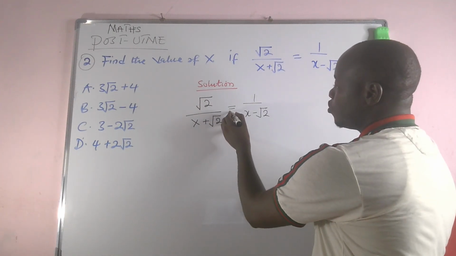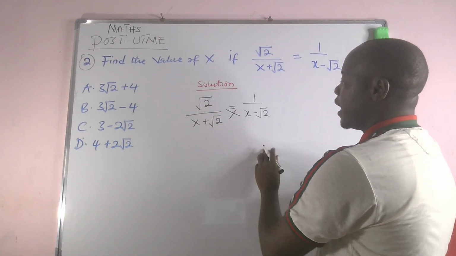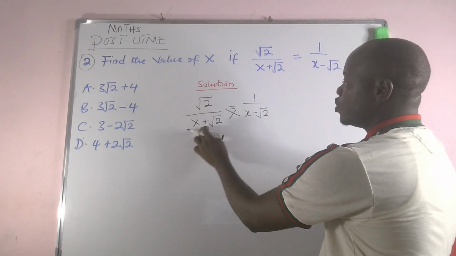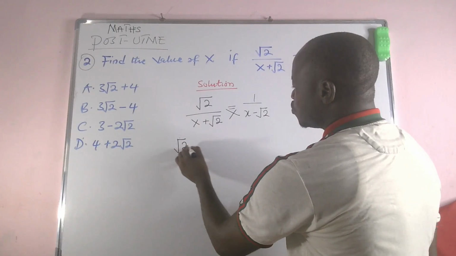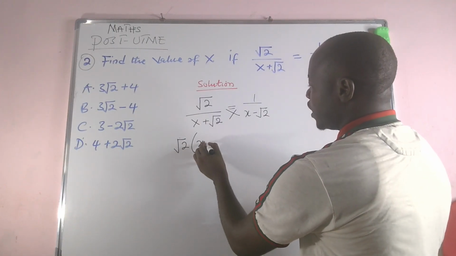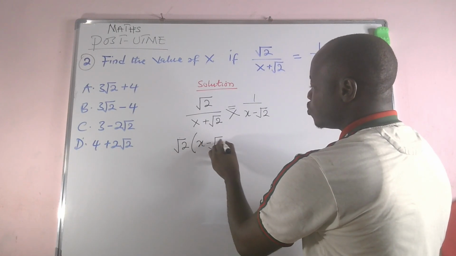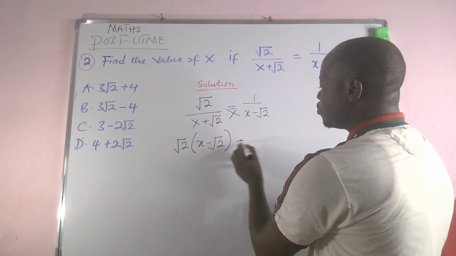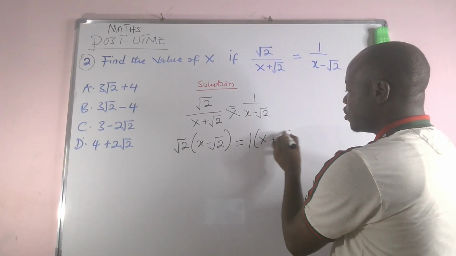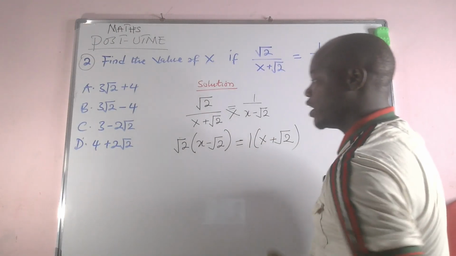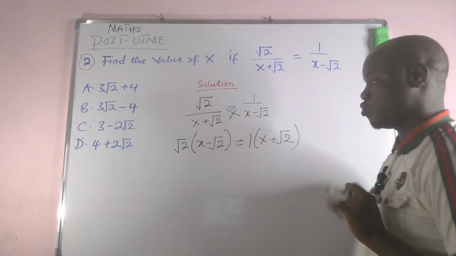After we do that, we are now going to cross multiply. This one times this is equal to this one times this. Therefore, we now have root 2 into x minus root 2 is equal to 1 into x plus root 2. That is the first thing that we are going to do.